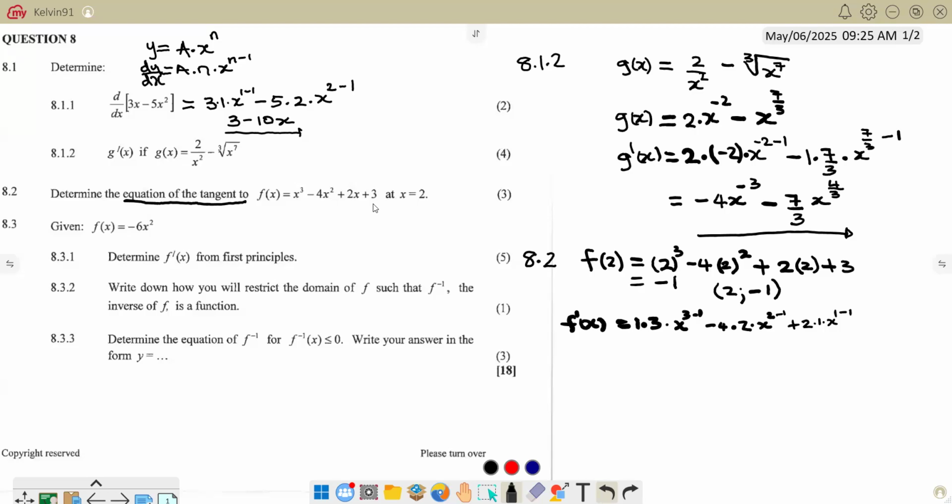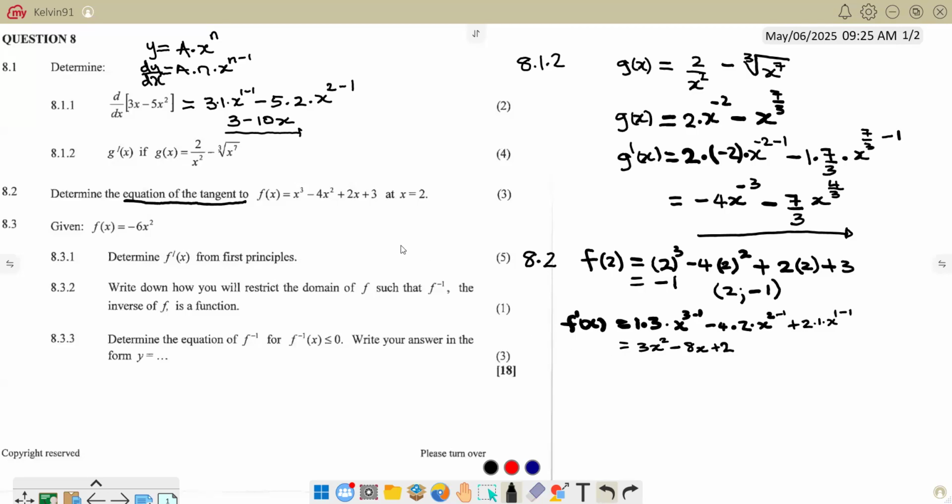You have to take note when we differentiate a constant, we are going to get 0. So simplifying that, our f prime will be equal to 3x squared minus 8x, then plus 2. Take note there, plus 2. This is our gradient function.